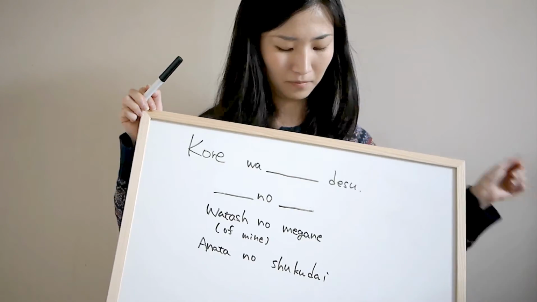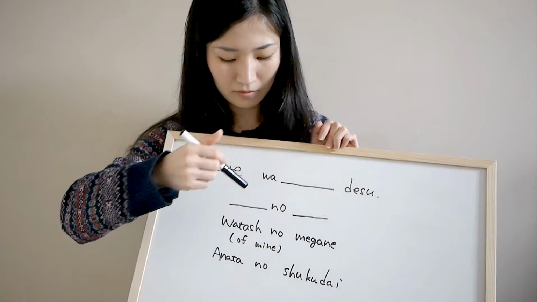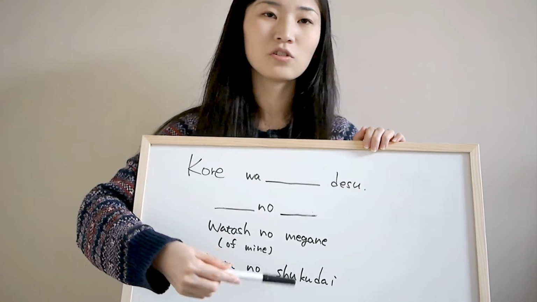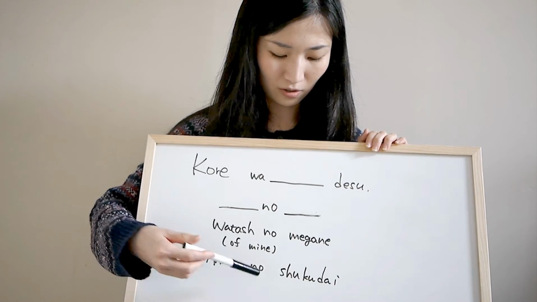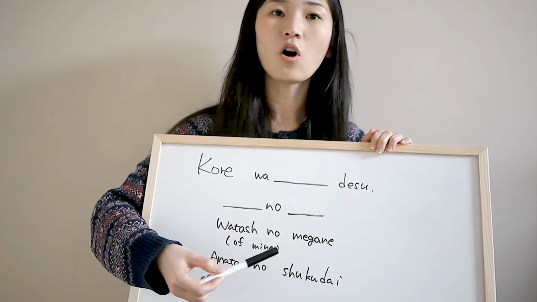So あなたの宿題. Anata is you, so it's of yours, and shukudai is homework.